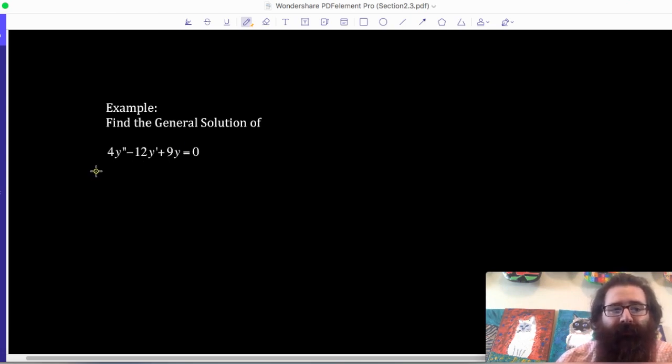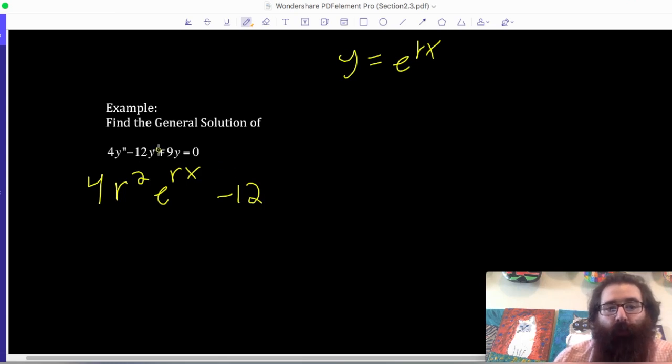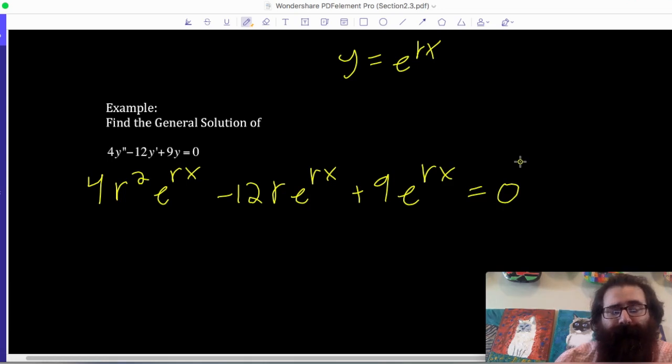So if I make these replacements, and we're still sticking with that initial guess, y equals e to the rx, I get 4 times y double prime, remember that's r squared e to the rx, minus 12 times y prime, remember y prime is r e to the rx, plus 9 times y, which is e to the rx, equals 0.